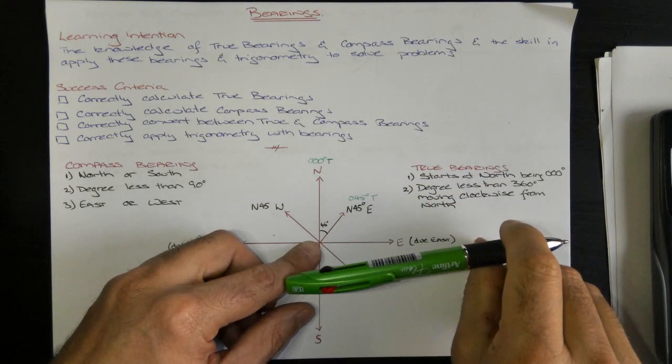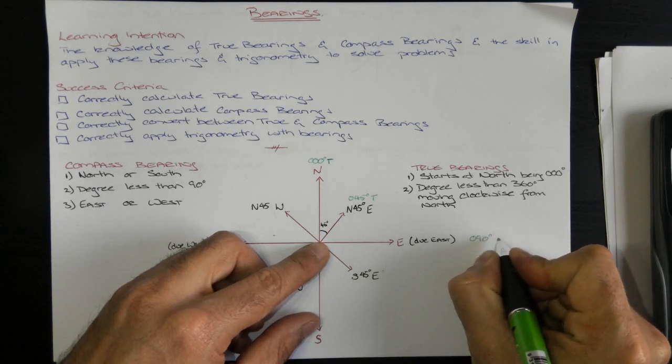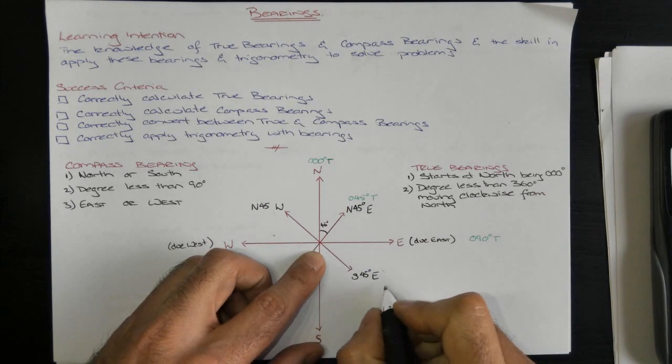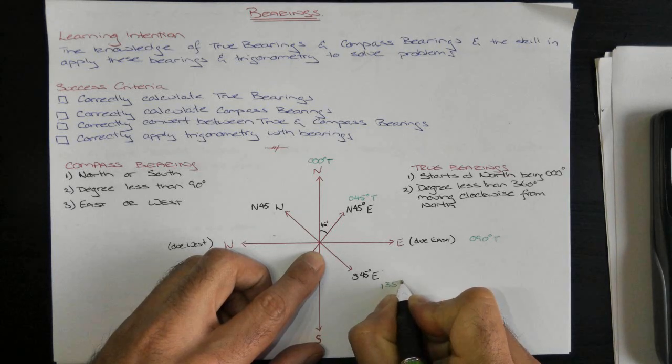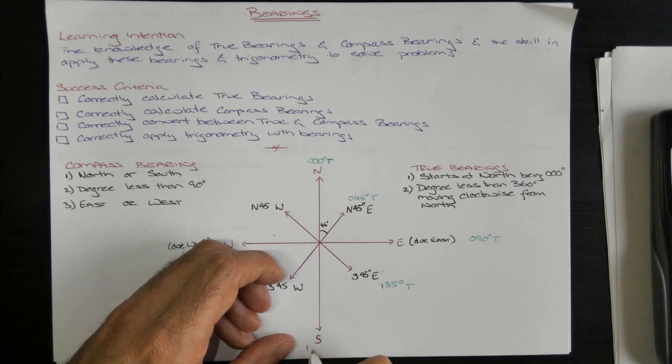If I keep turning, my due east becomes 0, 90 degrees true. Keep going further, I'm adding 45 degrees. That's going to be 135 degrees true.